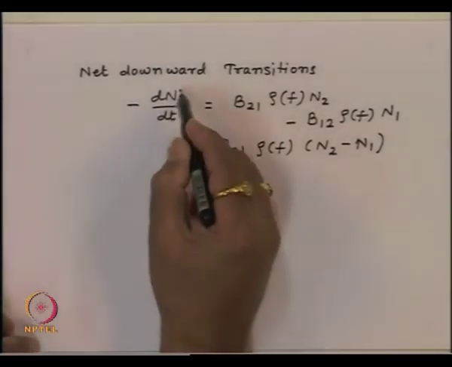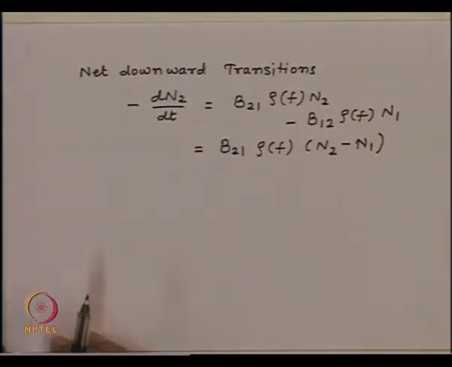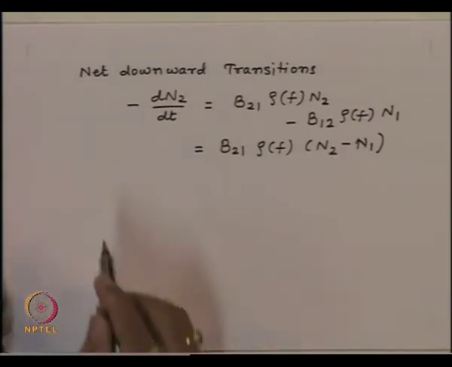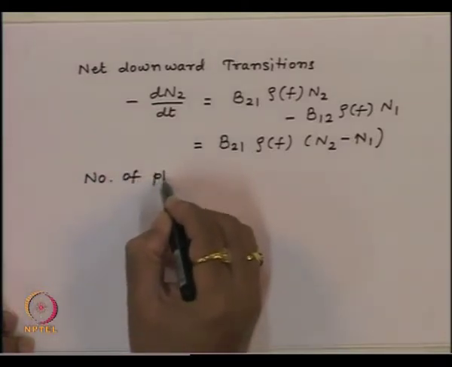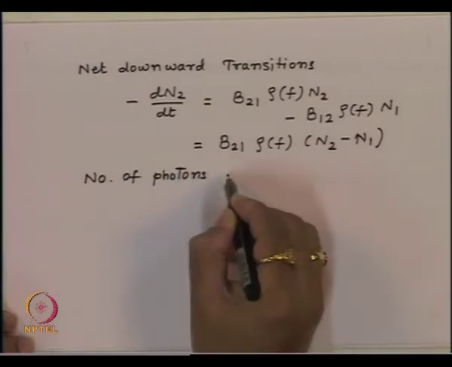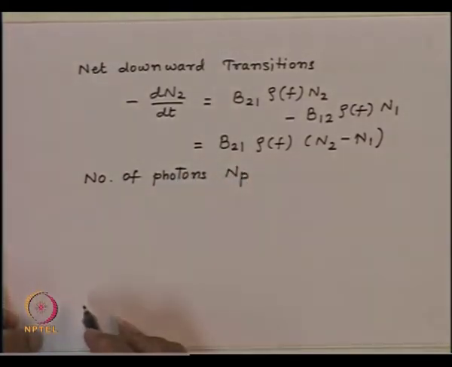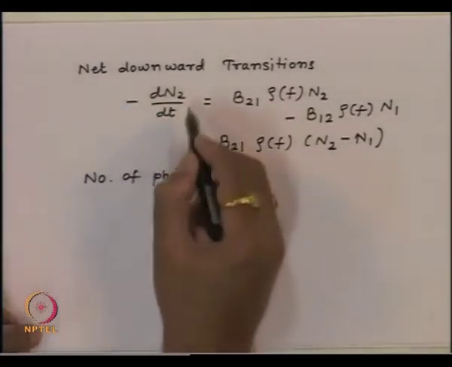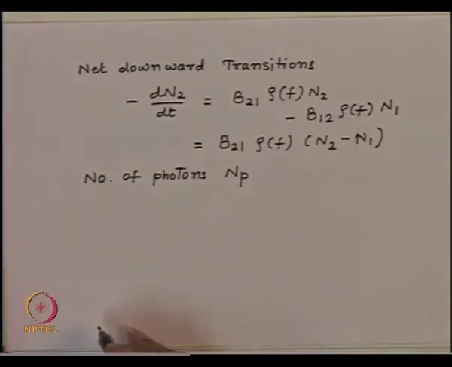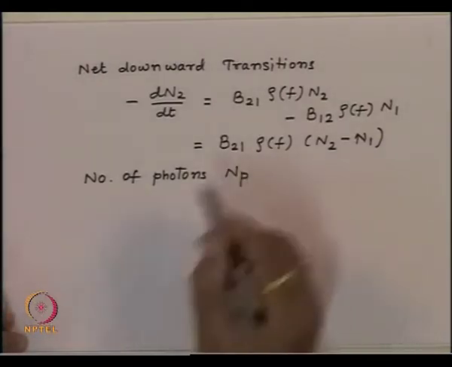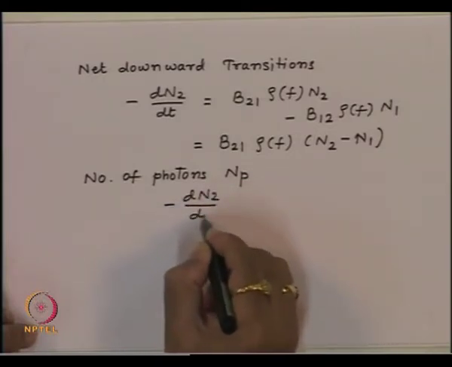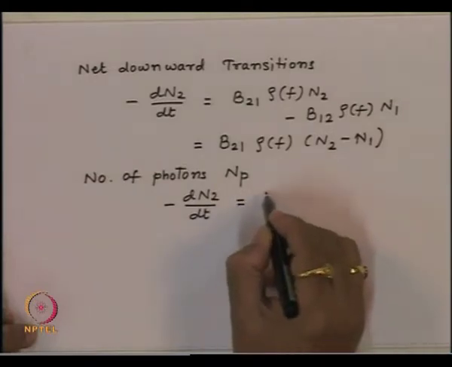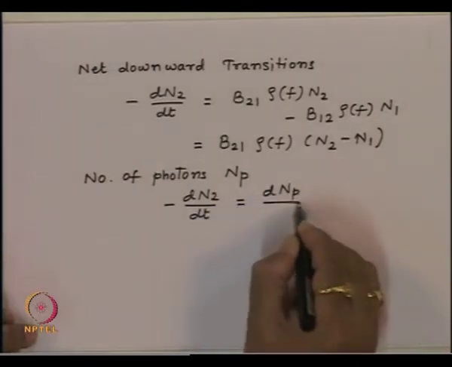Now, each transition which is going to take place, which is downwards, is going to give one photon out. So, if I say that the number of photons is given by Np, then the downward transition rate of electrons will be equal to the photon generation rate. So, that means minus dN2 by dt will be equal to d Np by dt.